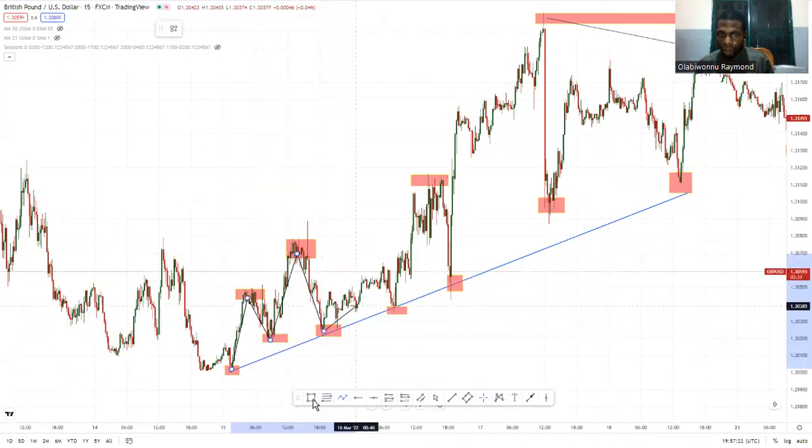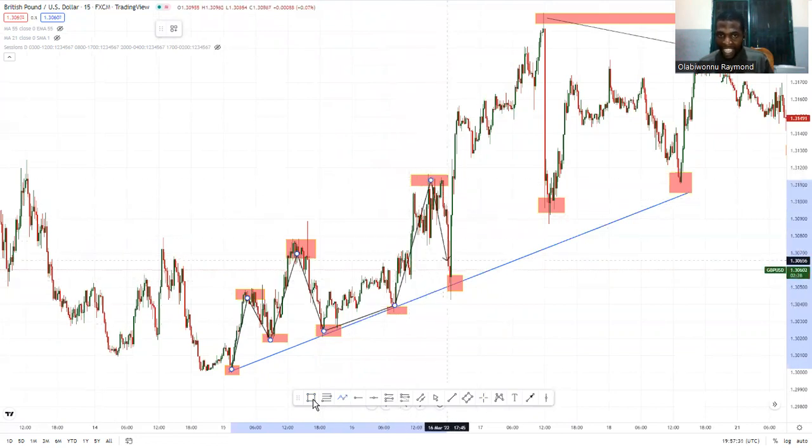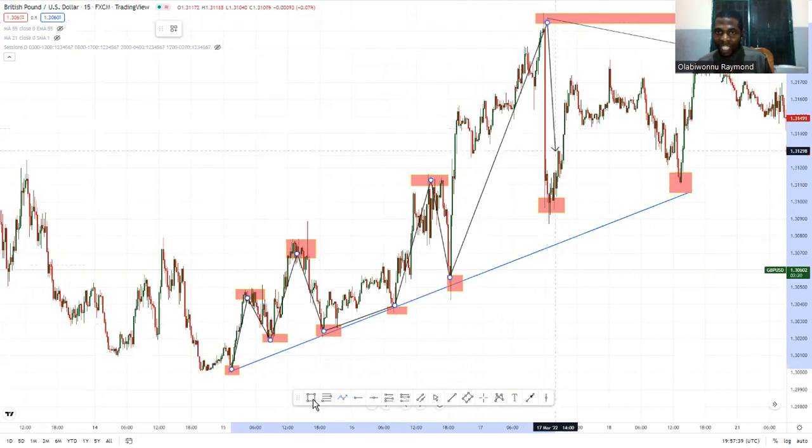The market moved up, then a higher low, higher than the previous low. Then the market went up, created a higher high, then a higher low, higher than the previous low.